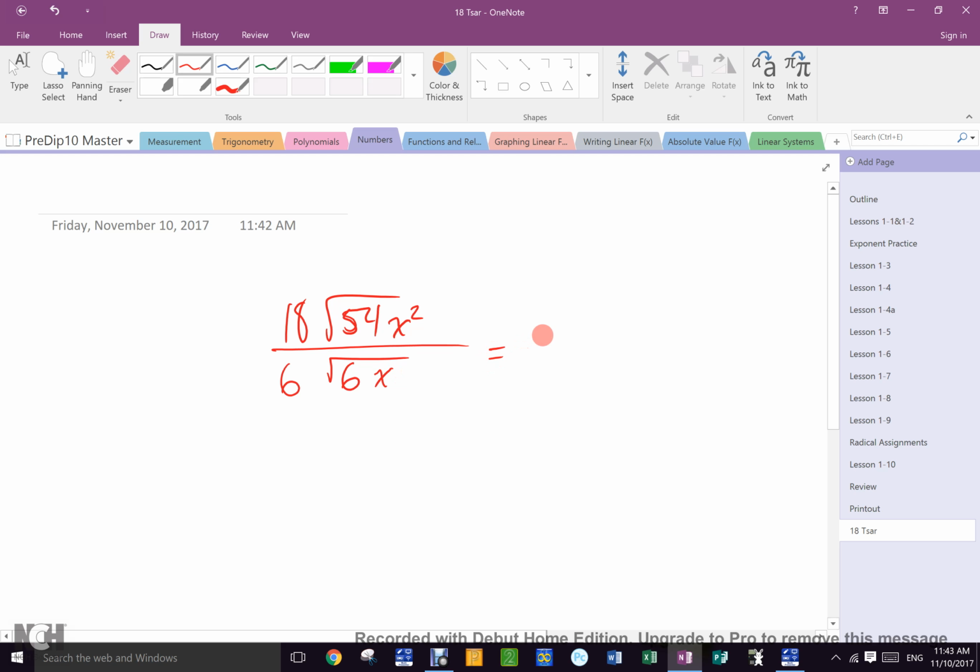And of course that answer is 3 root 9x, which is 9 root x. Right? Everybody's cool with a monomial denominator, yes? Even with variables in it. Going once. Going twice.